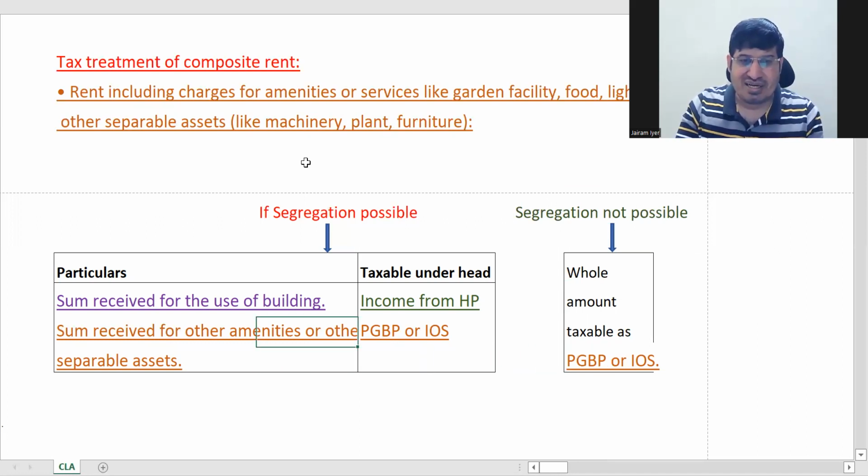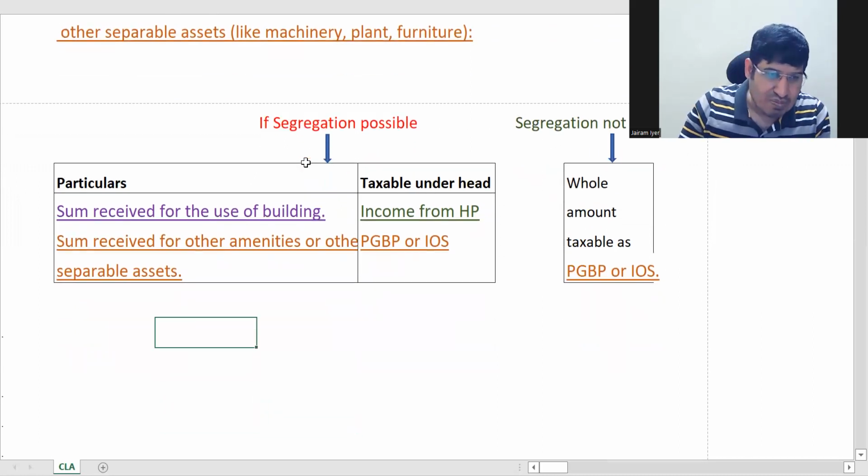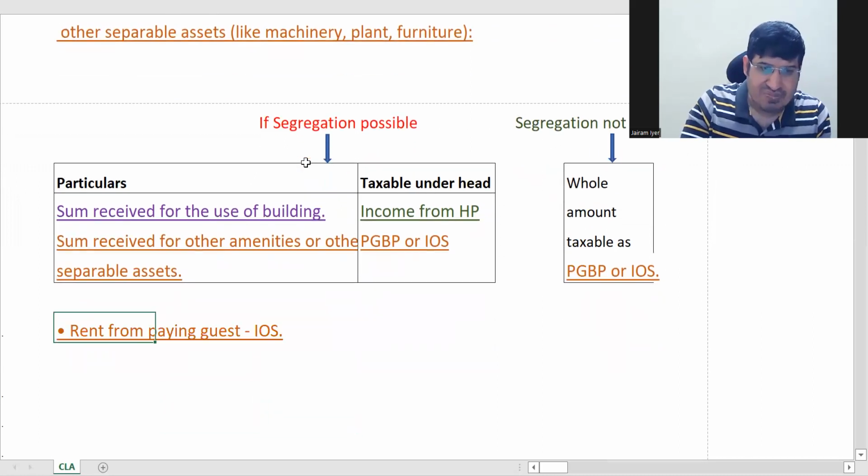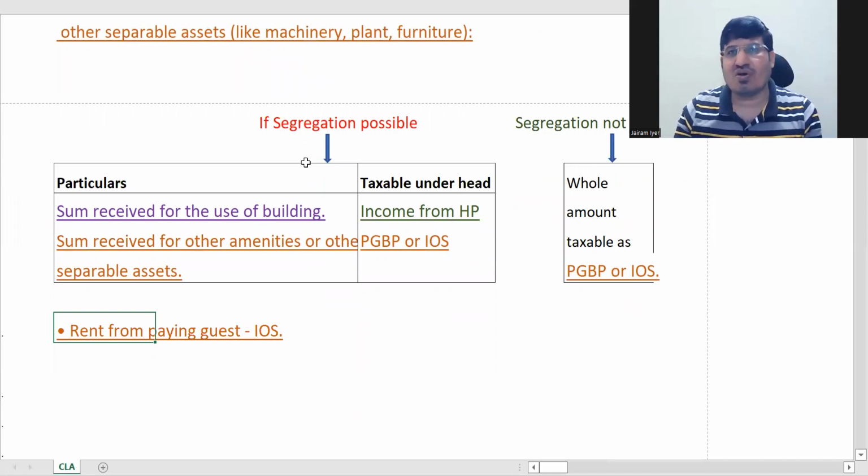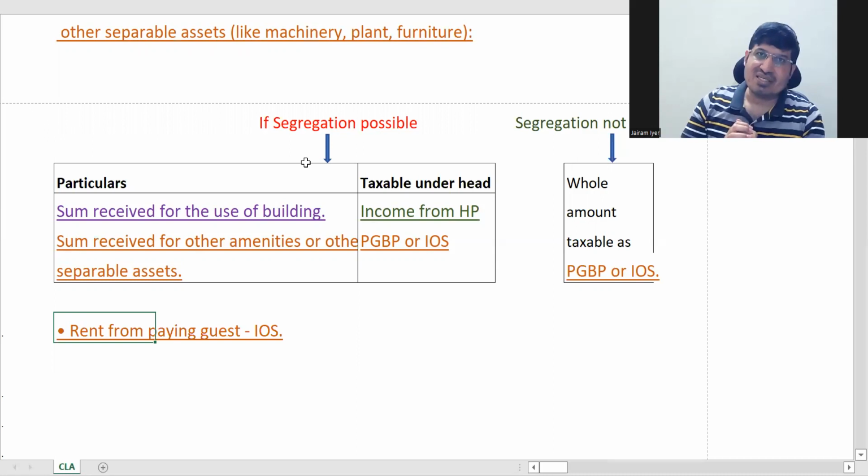If you can segregate, then use of building is income from house property. This is one of the reasons rent of a paying guest, because a paying guest is always a service. You stay there and they give you food and all, some facilities, they will give you a cot to sleep. That's why rent of paying guest is always income from other sources.